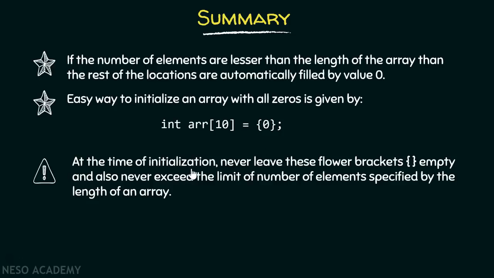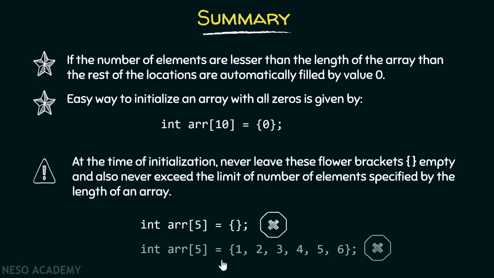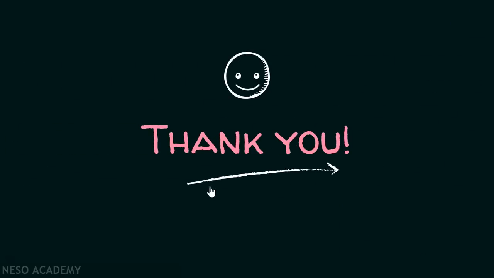At the time of initialization, never leave these flower brackets empty, and also never exceed the limit of the number of elements specified by the length of an array. This is not allowed, and this is also not allowed. You should not exceed the limit, that is, the length specified, and you should not leave these flower brackets empty. Okay friends, this is it for now. Thank you for watching this presentation.